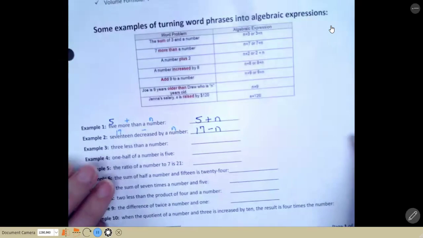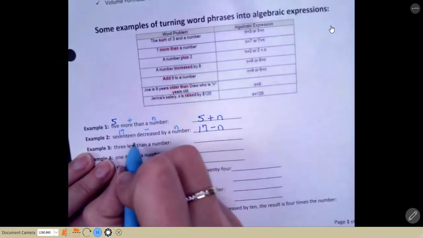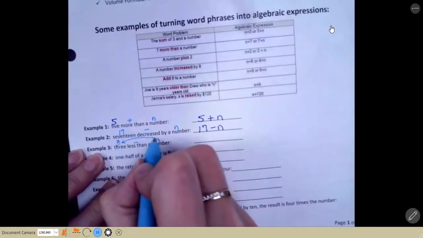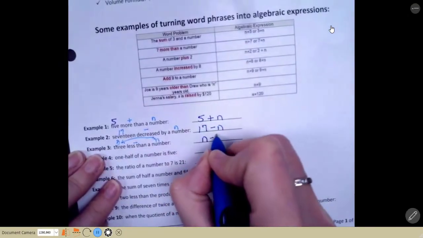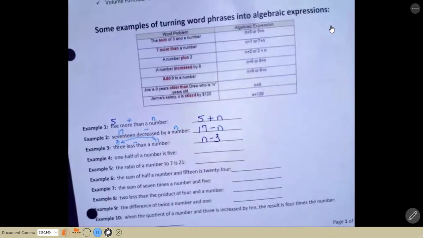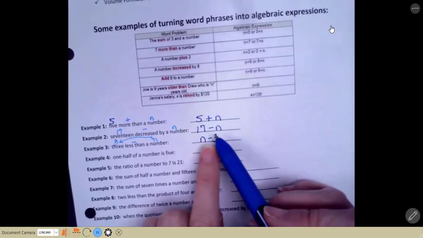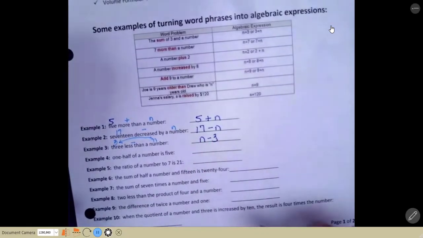So in this case, 3 less than a number, you're going to switch your n and your 3 because your second number comes first. So this one would be n minus 3. Pay attention to this because this will show up several times in your homework. Because you're taking 3 from the n. It's 3 less than that number.